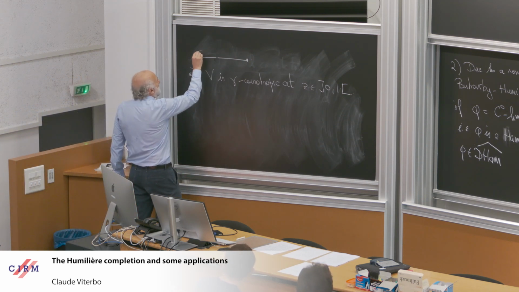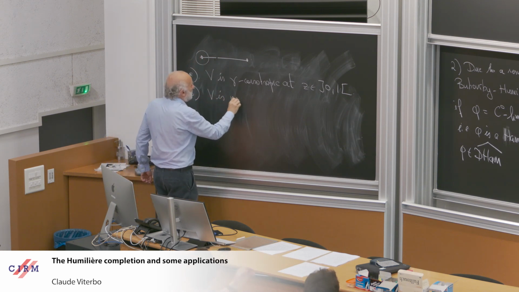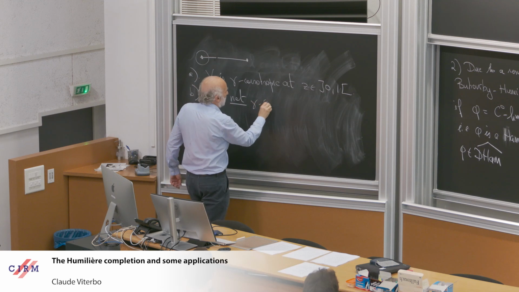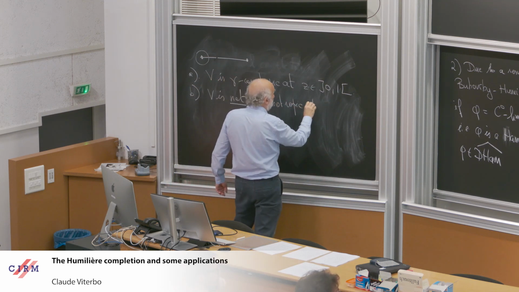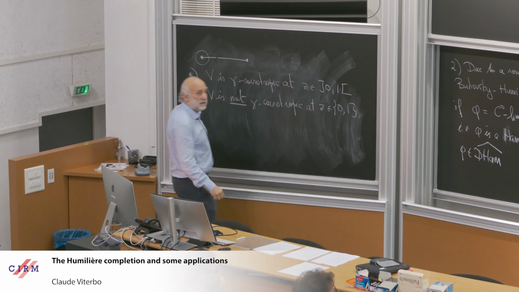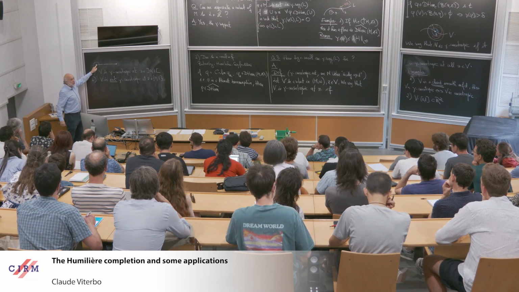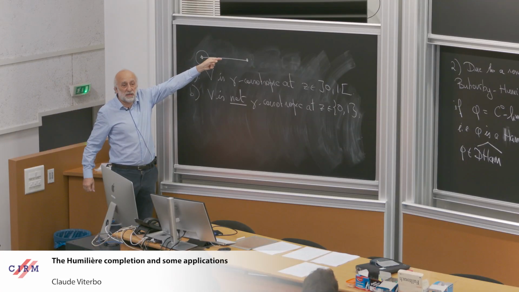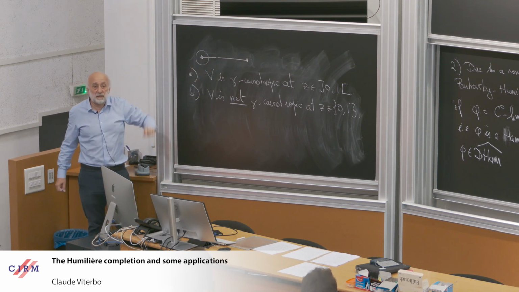But everything changes here, okay, is that V is not gamma coisotropic at Z either 0 or 1. Well, why is that? You can sort of guess that if you're at this point here, you can just push your segment in this direction, okay?